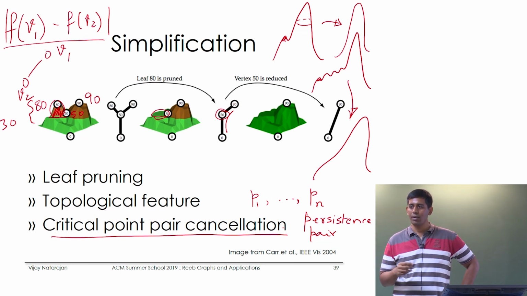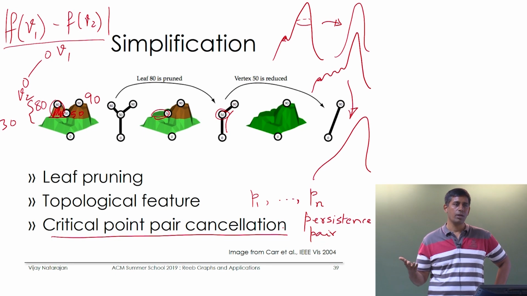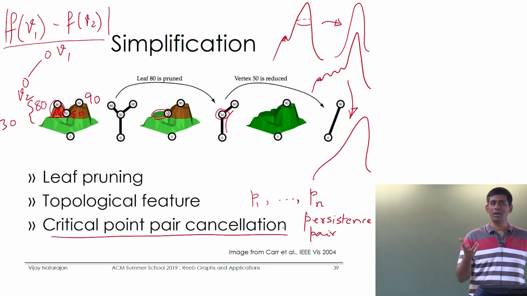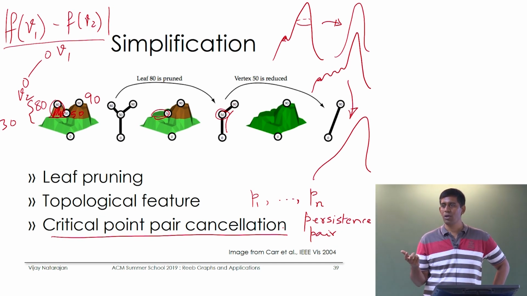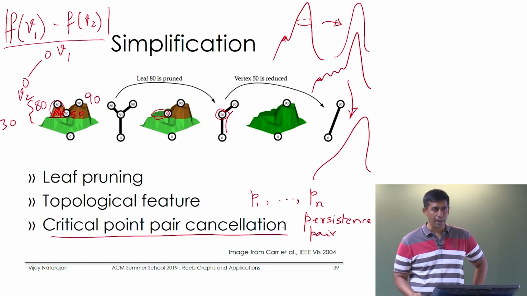The minimum contributes +1, the maximum also contributes +1. So, what does that mean? Critical point pairs always have to be one a saddle, the other a minimum or a maximum. So, you know exactly which pairs correspond to topological features. That is the implication of all this.